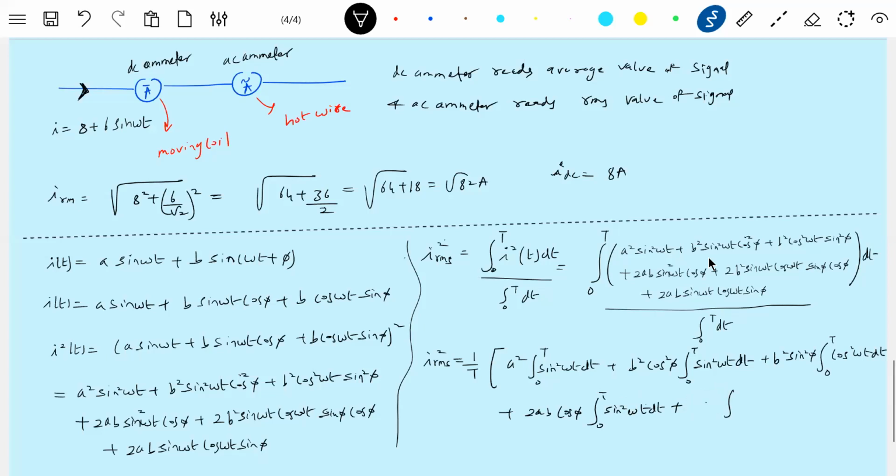That's b square sine omega t. Okay, 2 sine, cos phi will come outside. How many terms? 1, 2, 3, 4.